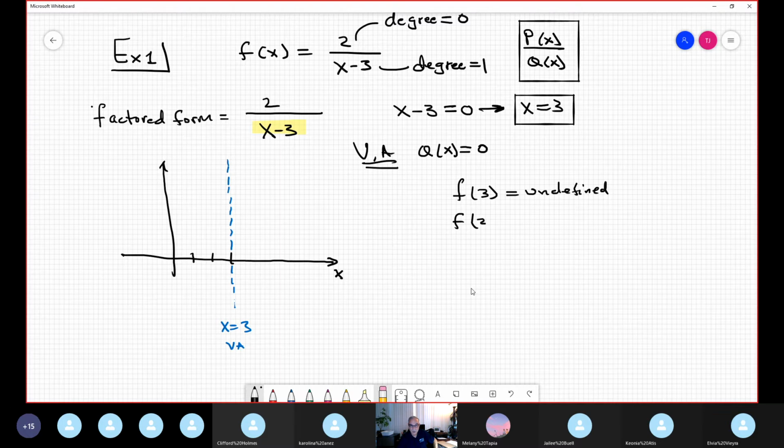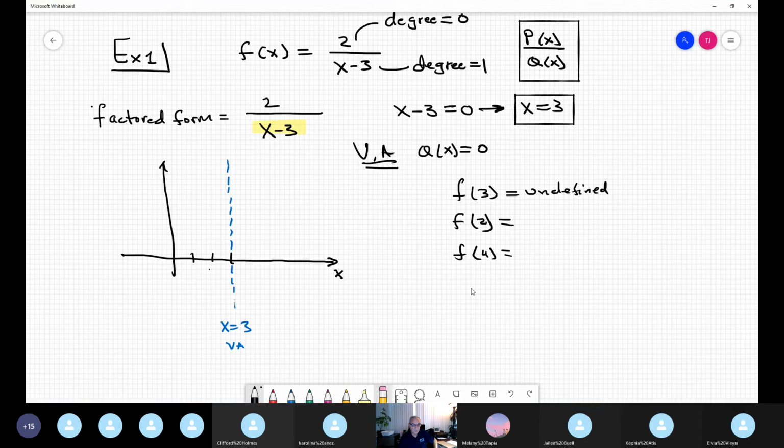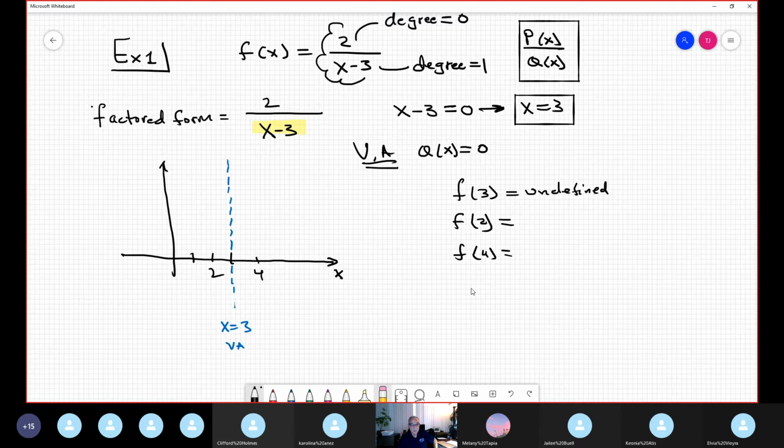However, you evaluate at 2 and 4. So plug in where? In the original equation, this one. 2 over 2 minus 3, replace x for 2. 2 over negative 1 is negative 2, the y value.